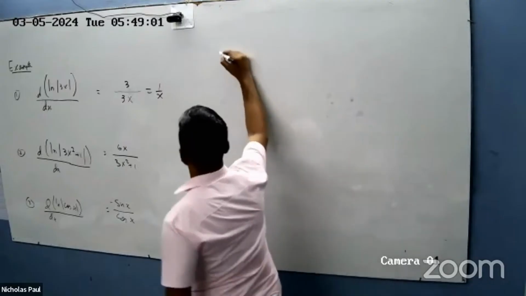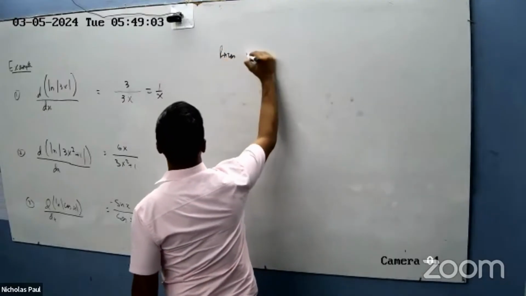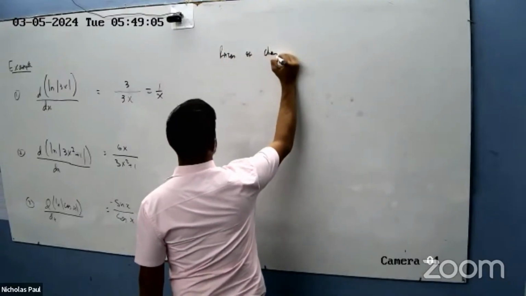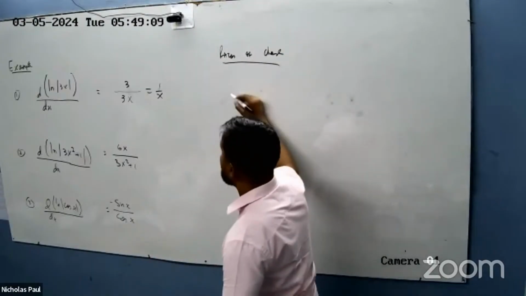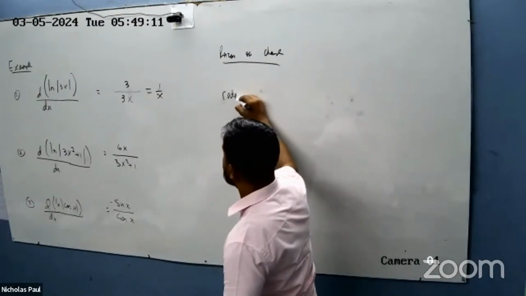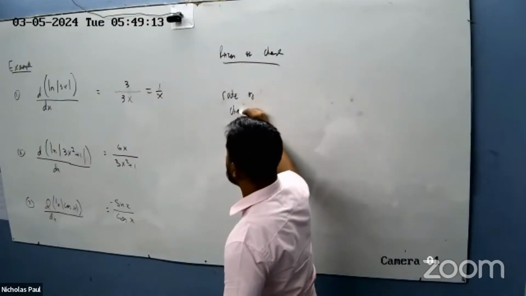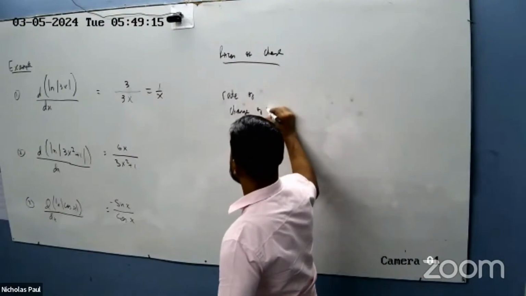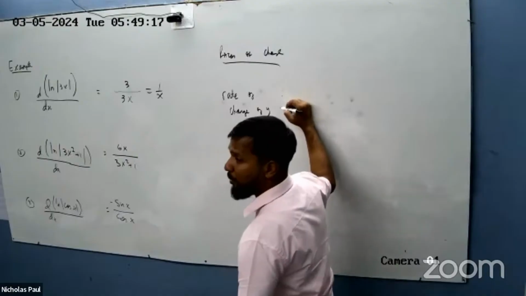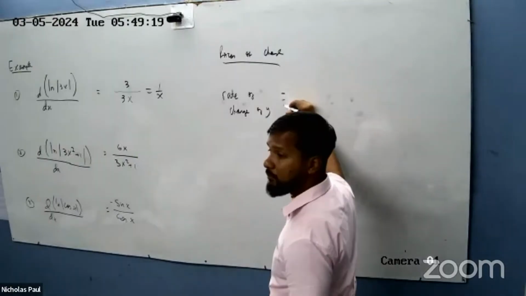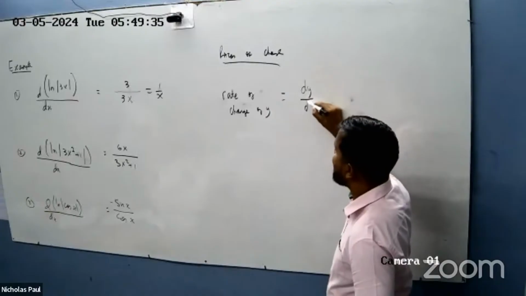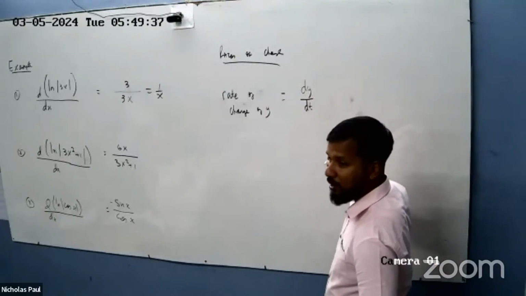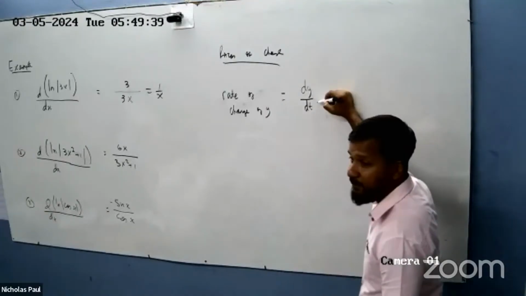The last thing you want to look at is rates of change. Just a quick reminder: when they say rate of change of y, what are you talking about? It means dy/dt.